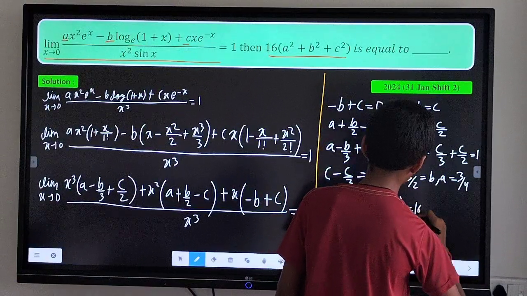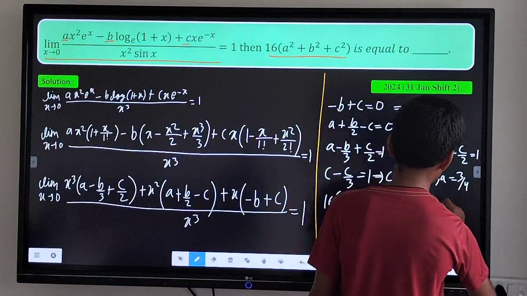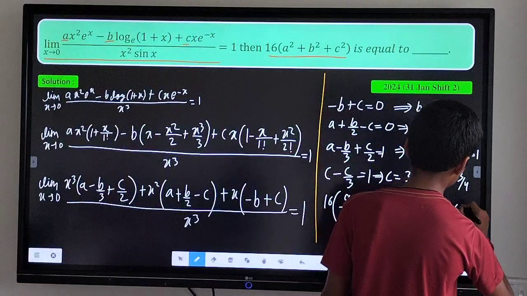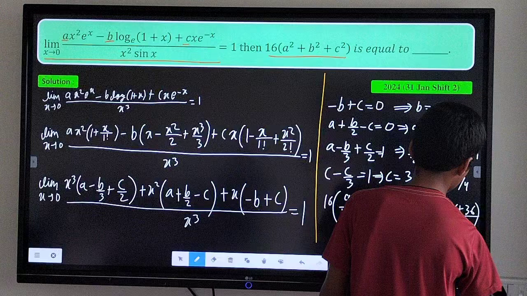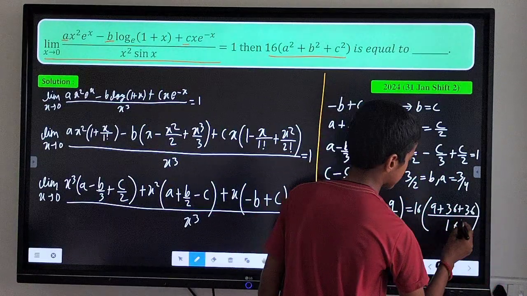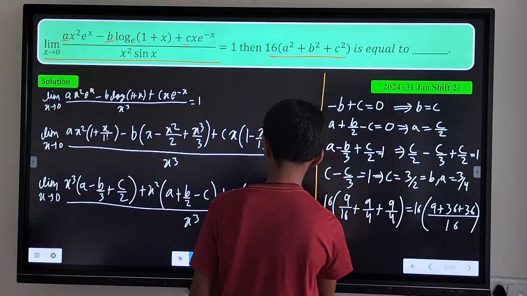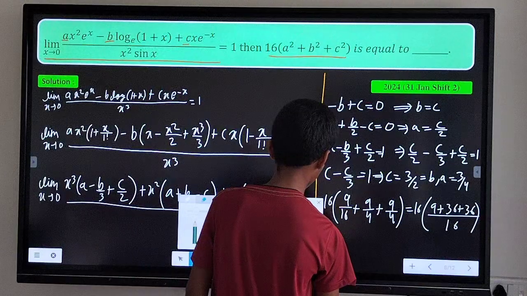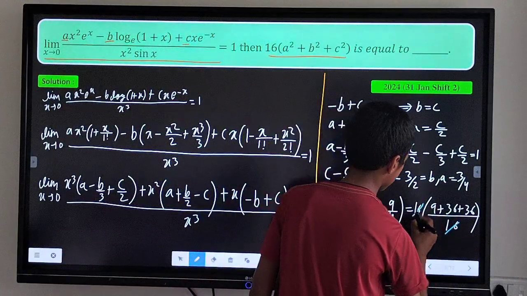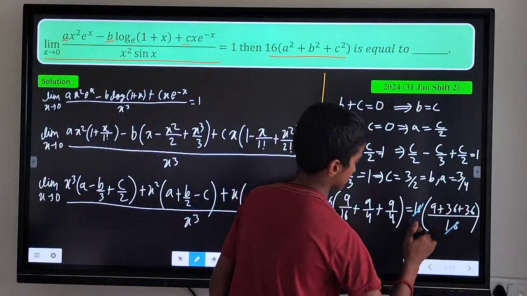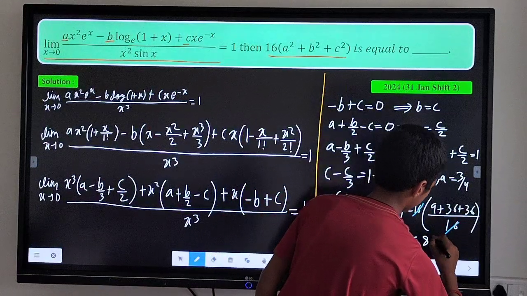Now this is equal to 16 times 9 plus 36 upon 16. Our 16 and 16 will get cancelled out and this term will become 81.